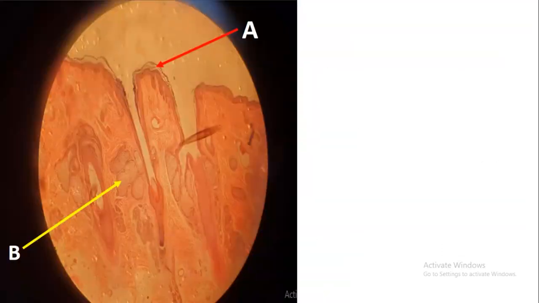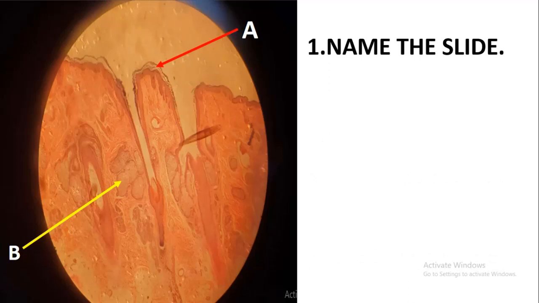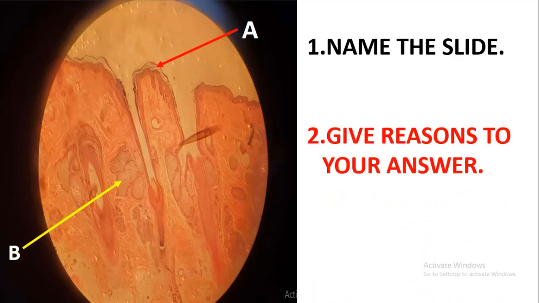The other one we can talk about is, name the slide. I'm sure this is a scalp, isn't it? This is a scalp. Then you can talk of, give reasons for your answer. There are a lot of reasons you can give. One, you can talk about the presence of the sebaceous gland. You can talk about the presence of the hair follicles. Those are just a few reasons that you can talk about.